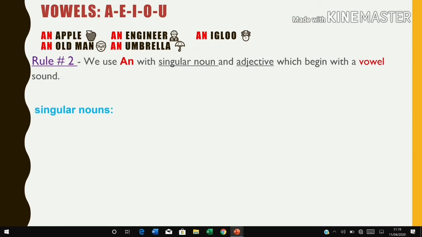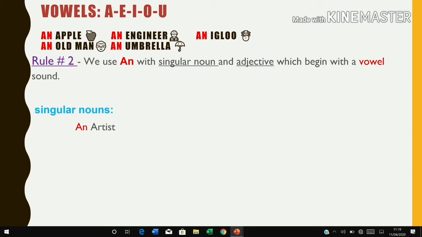Rule number 2 is vowels. You know there are 5 vowel letters: A, E, I, O, U. These are known as vowels in our English language.